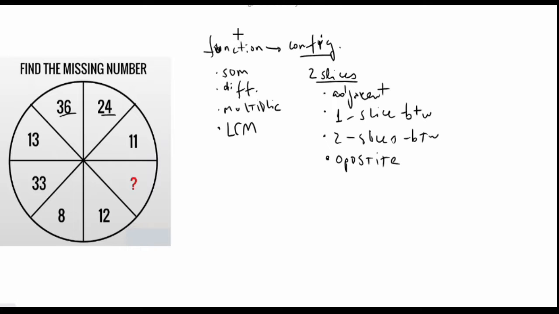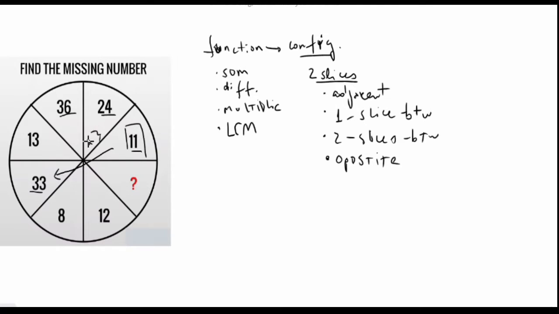In this case, if we observe the values in this puzzle, it's good to look for prime values. So, for instance, 11. Do we have some other number that's a multiple of 11? Yes, we have 33. So, just by glance, we have one hypothesis here that one slice is the other multiplied by 3.